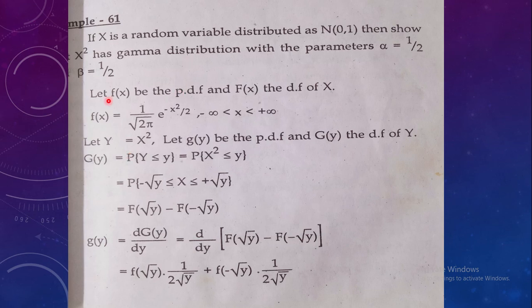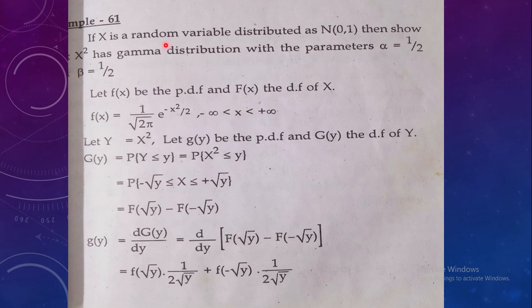Now let f of x be the PDF and capital F of x be the distribution function of your random variable x. It is clearly said that your x follows a standard normal distribution. So what is f of x? f of x is equal to 1 by root 2 pi e raised to minus x square by 2, and the range of x is from minus infinity to plus infinity.